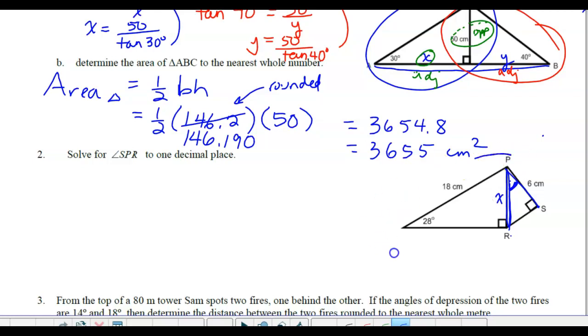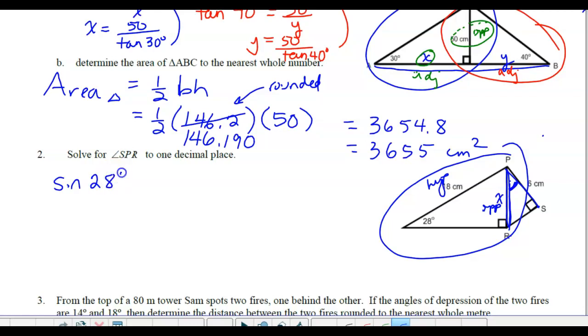So in this triangle here, we have the hypotenuse, and we have the opposite. Okay, so opposite over hypotenuse is sine. So sine of 28 degrees equals x over 18.